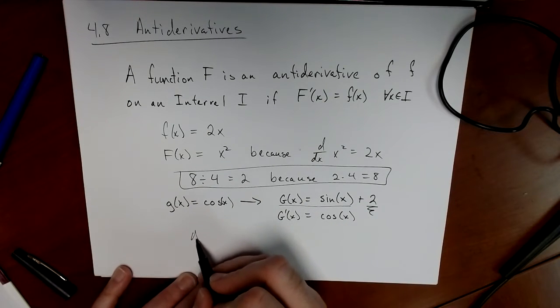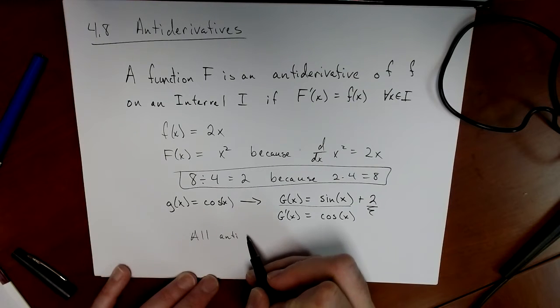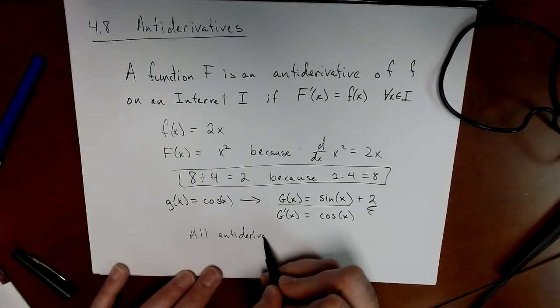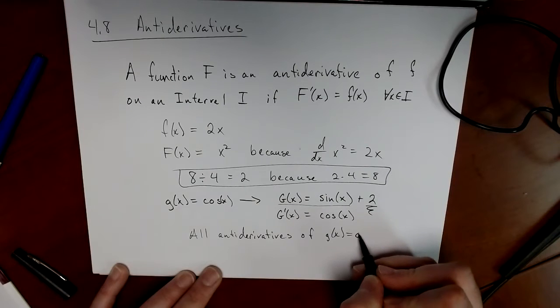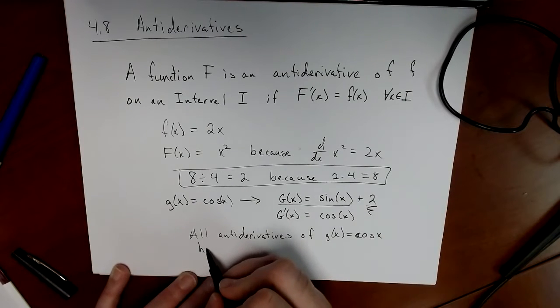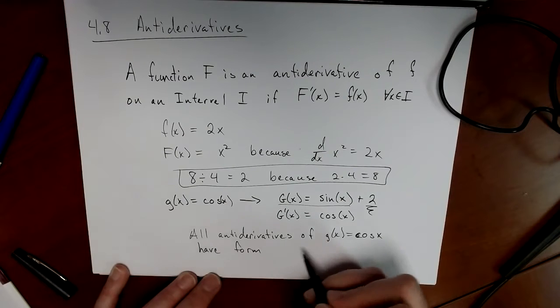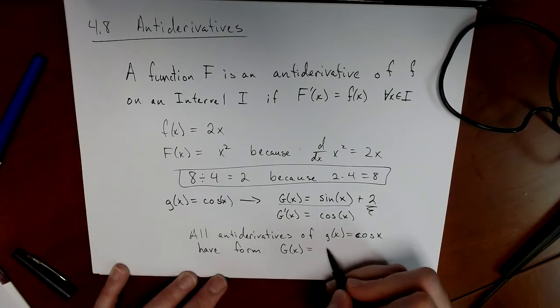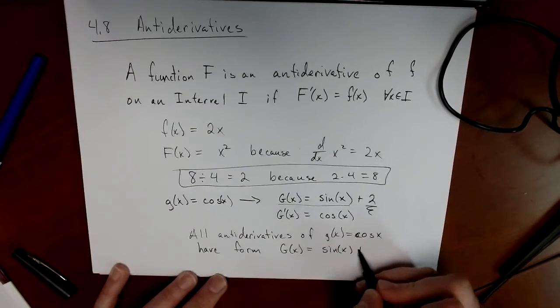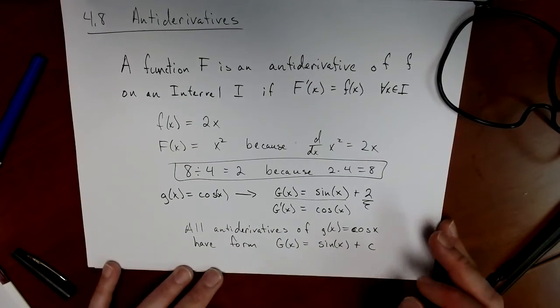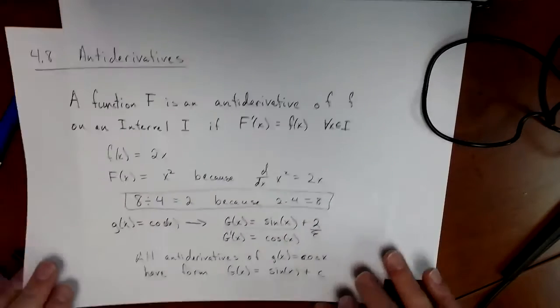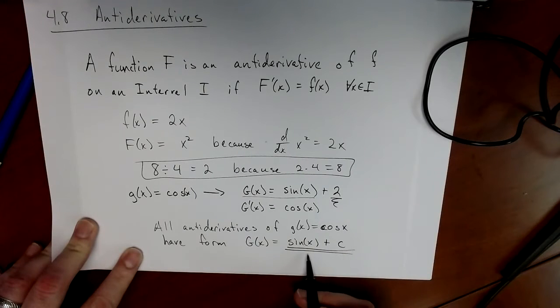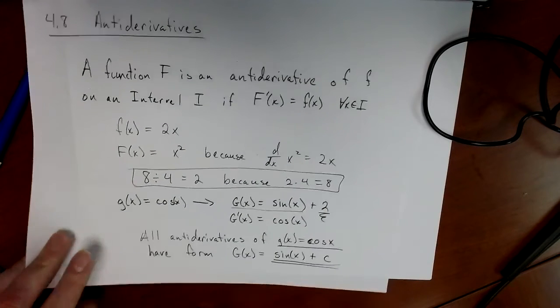So all antiderivatives of g of x equals cosine x have the form cap G of x equals sine x plus c, where c is an arbitrary constant. So any constant added to sine is not going to change the derivative of this function. As a matter of fact, this is called the most general antiderivative for cosine x.